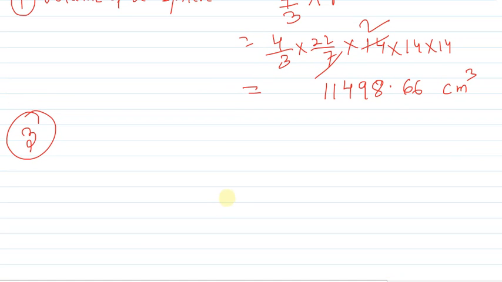The question says a shot put is a metallic sphere. Please read the question. I'll explain to you. A shot put is a metallic sphere of radius 4.9, density of metal is given, find the mass of the shot. So what is given first?